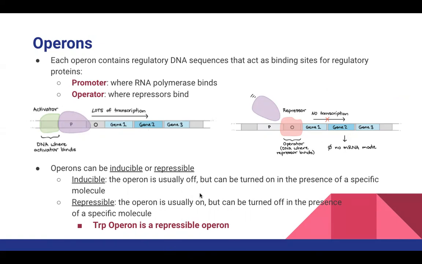And operons can either be inducible or repressible. An inducible operon is usually off by default, but it can be turned on in the presence of a specific molecule, whereas a repressible one is usually on, but turned off in the presence of a specific molecule. Repressible is the example that we focus a lot on, in the example of the trp operon.